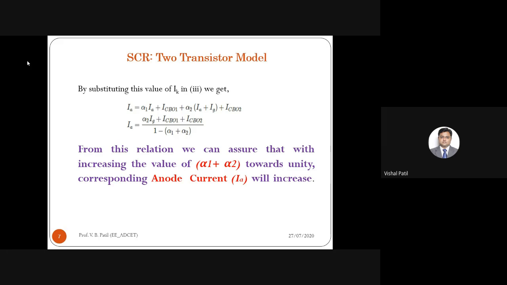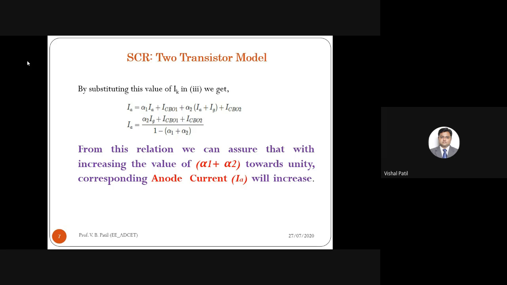Now from that expression, I can conclude that if I go on increasing the current gain, that is the summation of alpha 1 and alpha 2 for the transistors, the anode current can be increased. That is, as alpha 1 and alpha 2 are increased towards unity, the anode current will increase. This is how the anode current depends upon the current gains of two transistors.